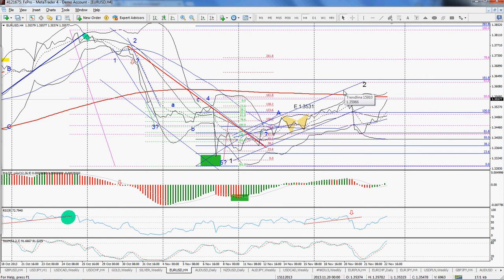We did this first move, and now we are in the second part, and most probably, so that was an A and a smaller B, a smaller C, and then we will have a bigger C to the upside, which will make this deeper correction where we can end somewhere here of 88.6. So this is one of the scenarios.